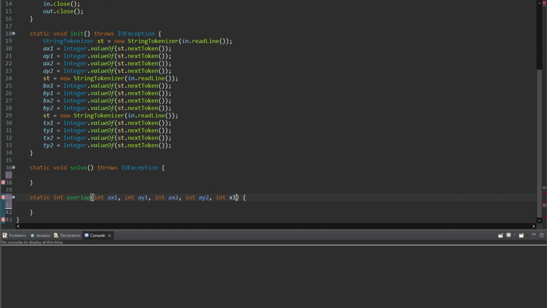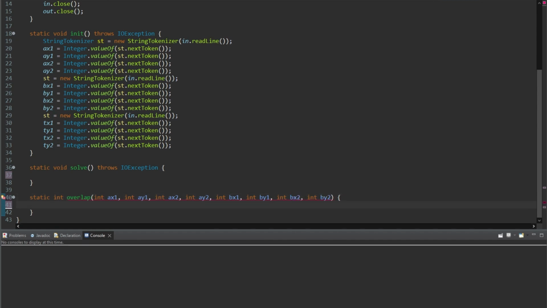Now, this isn't necessarily saying that we're using the billboards A and B, although we will be running it with those billboards. It's just saying that to find the overlap between any two rectangles, we're going to refer to those rectangles as A and B.